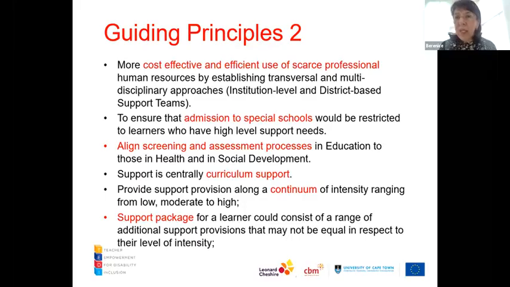And so we're getting to a stage now where we're quite good at identifying who has high support needs and who has low or moderate needs that can be catered for in a mainstream school with a little bit of extra support. So the CS helps us do that, to come back to the presentation slide, to ensure that admission to special schools is restricted to learners who have high-level support needs.